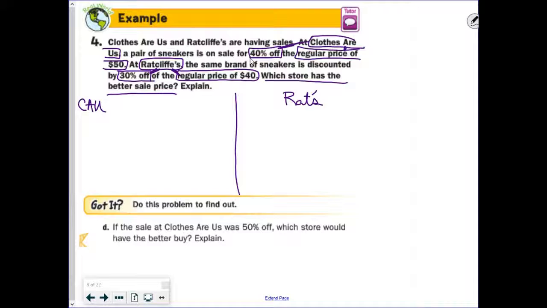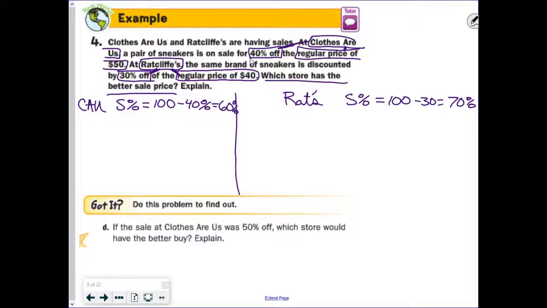To find the sale price of Clothes R Us, we will use the sale price percent, which is going to be 100, the whole price, minus the 40% discount, which means I'm going to find 60% of the price. While at Ratcliffe's, we're going to find the sale price percent, where they are taking 30% off. So we're going to use 100% of the price minus the 30% discount. So we're going to find 70% of the cost.